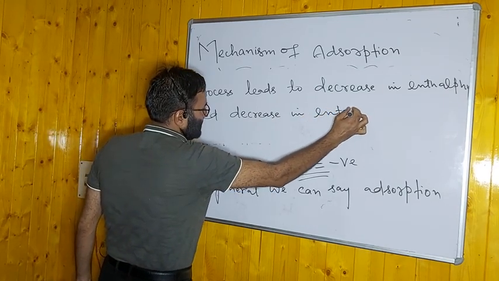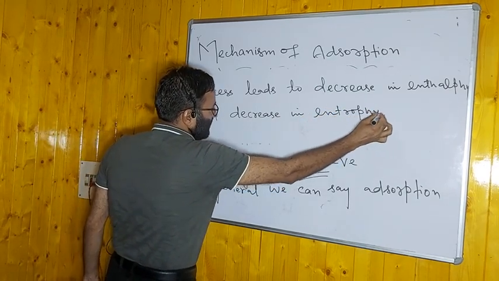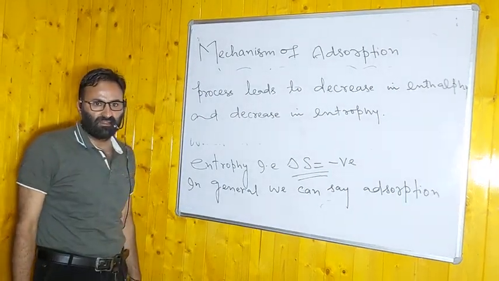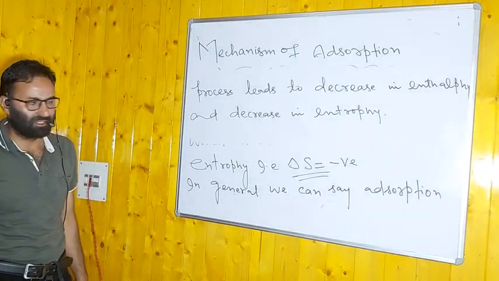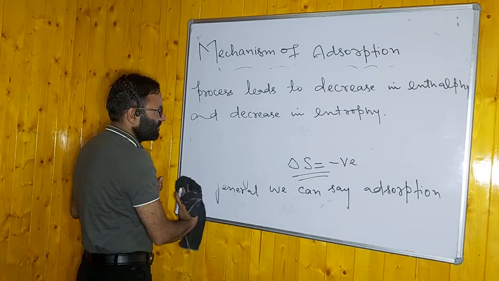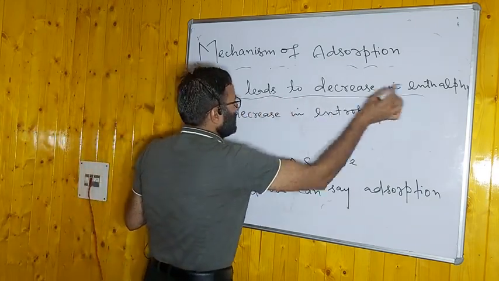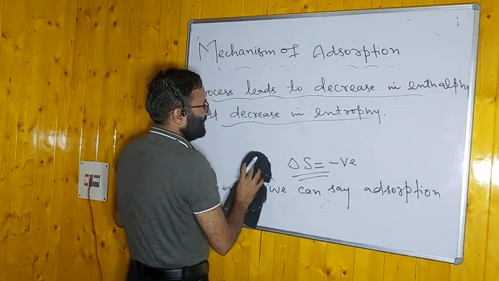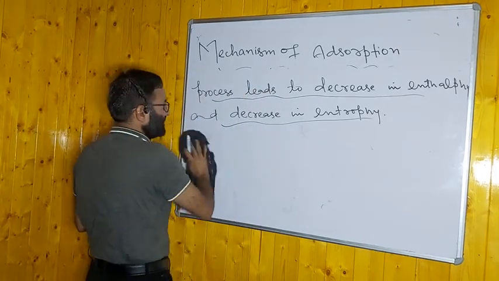You can mention, during adsorption, what is the effect on delta H? That is negative. What is the effect on entropy? That is also negative. Decrease in enthalpy and decrease in entropy, you can underline this point.